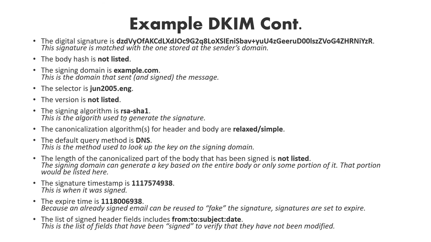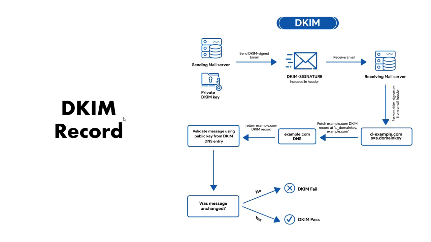So here's a visual of the DKIM record for the visual learners. Again, we have the sending mail server at the top with that private key signing the message. It sends the DKIM-signed email with that included header, and you receive the email at the email server. It then extracts that signature from the email header, with the D and the S and all that stuff we just talked about.